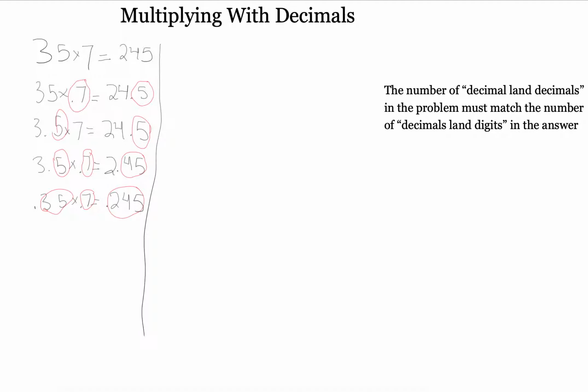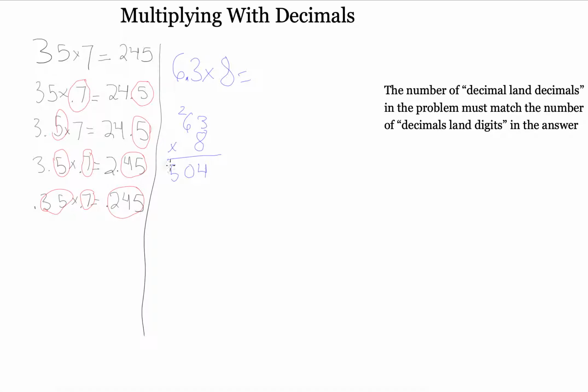So I'm going to start off with, how about 6.3 times 8. So let's do this math here quickly. I would set up the equation just like I do with regular multiplication. 8 times 3 is 24. 6 times 8 is 48, plus 2 is 50.